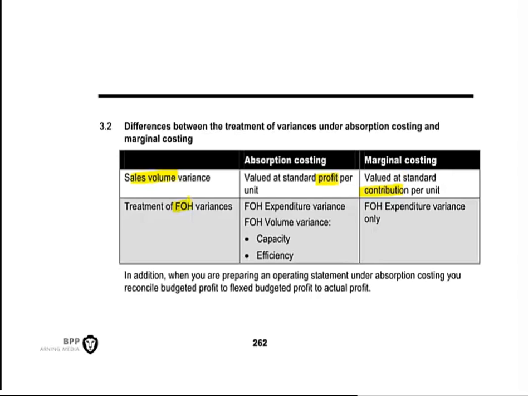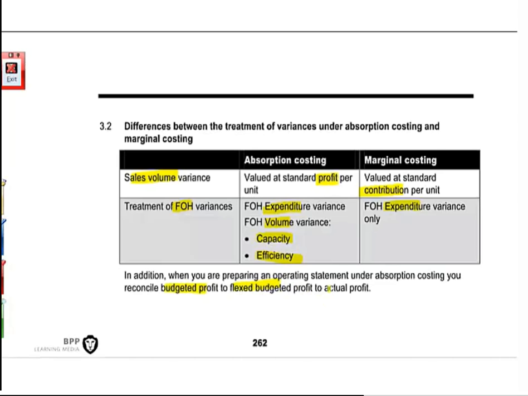For fixed overheads, we have the expenditure variance for both, but for absorption costing, we also have the fixed overhead volume variance, which can be further split into capacity and efficiency. The other difference is the layout of the statement. Under marginal costing, we were reconciling from budgeted contribution to actual profit, whereas under absorption costing, the reconciliation is from budgeted profit to flex budgeted profit, i.e. budgeted profit for the number of units actually sold, down to actual profit.